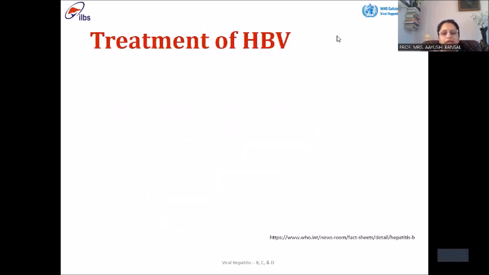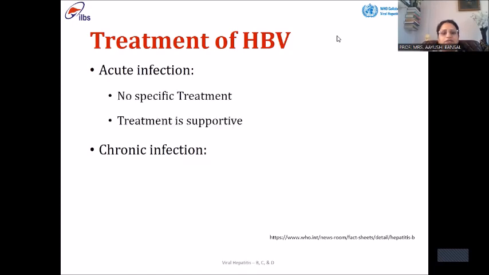Treatment of hepatitis B virus can be divided into acute infection and chronic infection. In acute stage infection, there is no specific treatment, only supportive treatment like IV, diet, and supportive services.